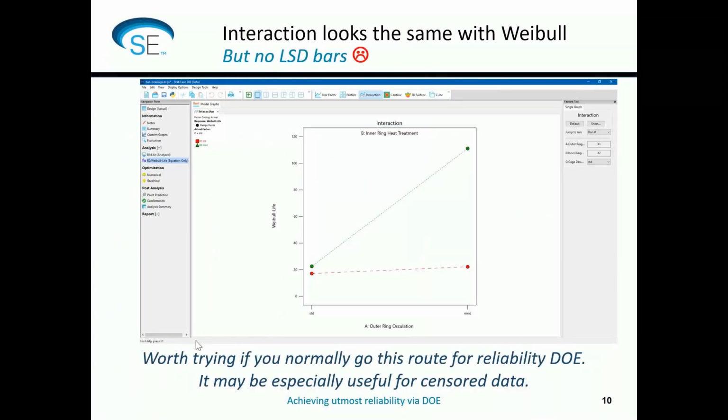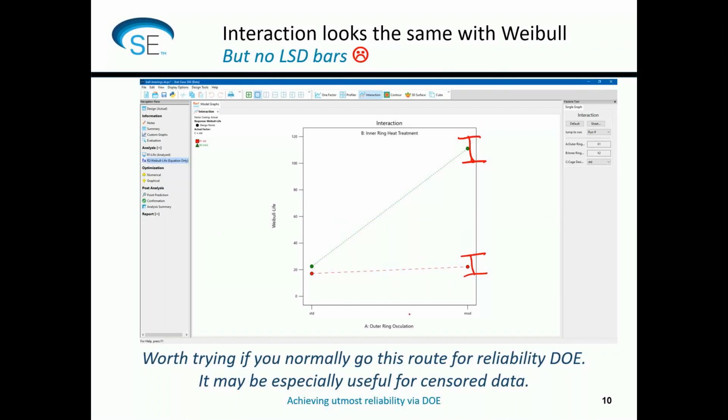What I was interested in doing is seeing, bottom line, do we get the same interaction using the Weibull regression? And we do, but the only difference is that we don't have these LSD bars in here. So from my perspective, this is a case where probably we could just do the normal ordinary least square regression with the transformation applied, of course, is the key.